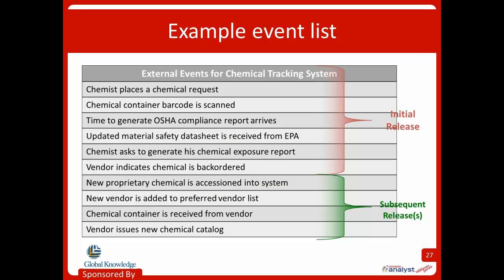Or a timing event could be something like it's time to generate an OSHA compliance report. So notice how we've also used brackets to indicate what's in scope for this release or others, right? So the top set of brackets is here's the events that we're going to handle now, and then the green one is going to show us events that were going to happen later.